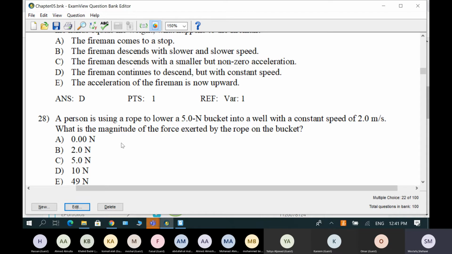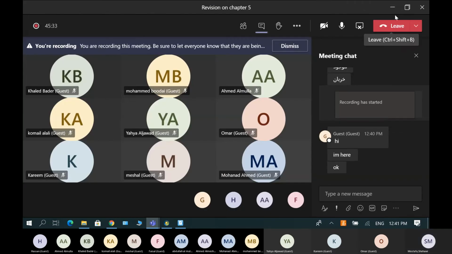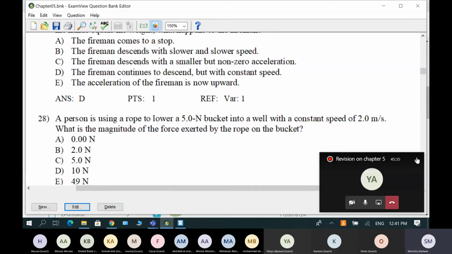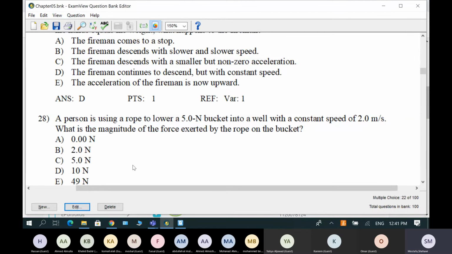So, Abdullah, can you answer this question? Let me see your answer. Read it again as you wish and find the answer.